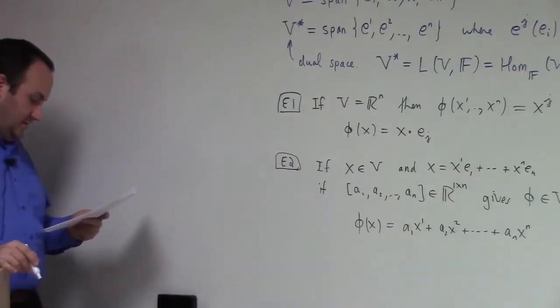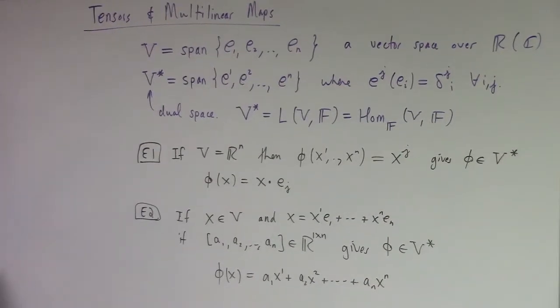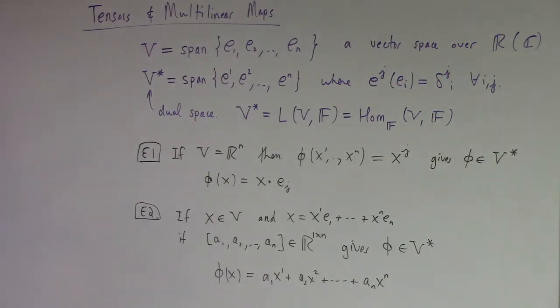Of course, if you take V equal to Rn here, you see why people might say that there's some sort of unique correspondence between row vectors and the dual space in this sense.